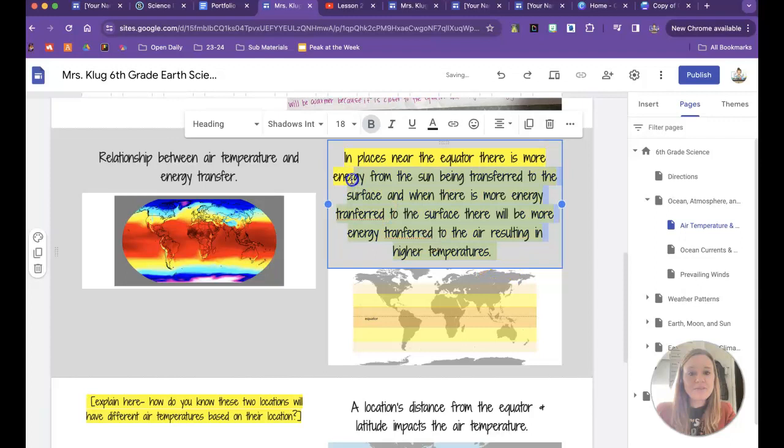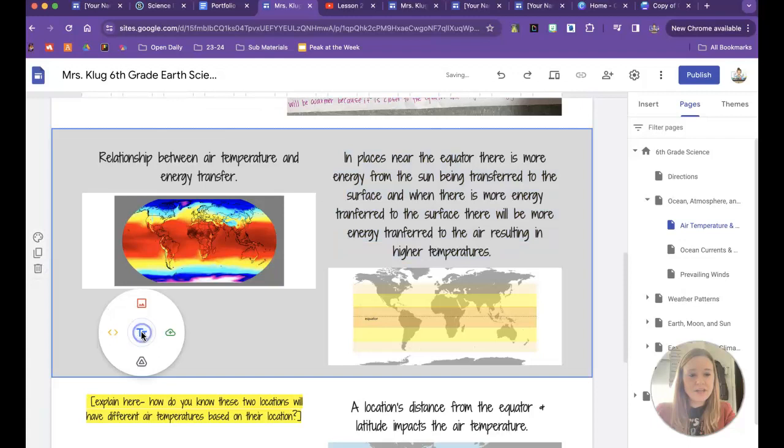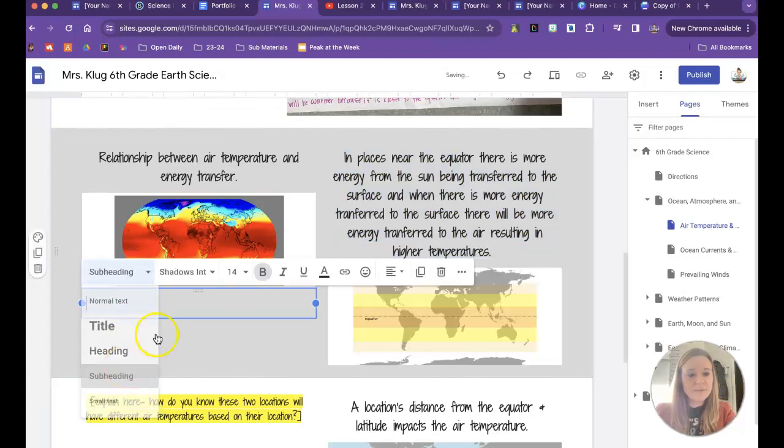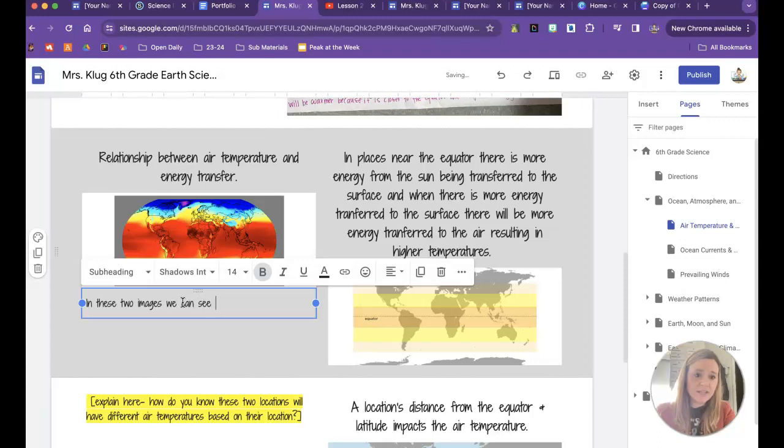All right, I might add over here that in these two images we can see that the middle sections closest to the equator have higher temperature based on the dark red color and the scale provided.